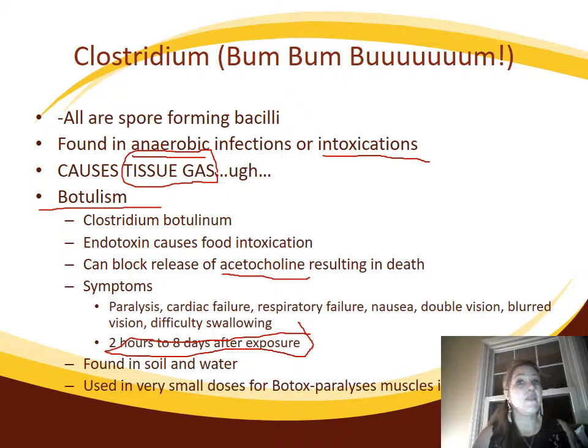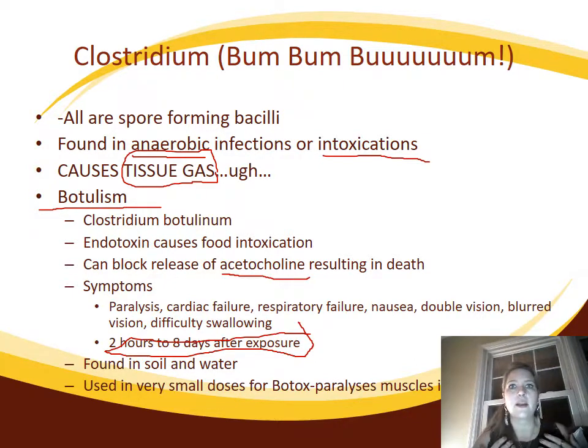Botulism is found normally in soil, but it's not always a bad thing. They've actually figured out a way to utilize botulinum toxin to treat a lot of different things. It is the main working component in Botox. Botox is not only used to ease wrinkles in the face, but it's also used to treat things like migraines.